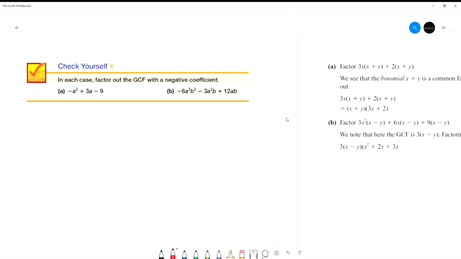Okay. So first one, the GCF is just what? Negative 1, right? Okay. So now I'm not going to write the whole thing down. I'll just write the negative 1 out here, and then I'll just do a squared minus 3a plus 9. Are we okay with that? Okay.